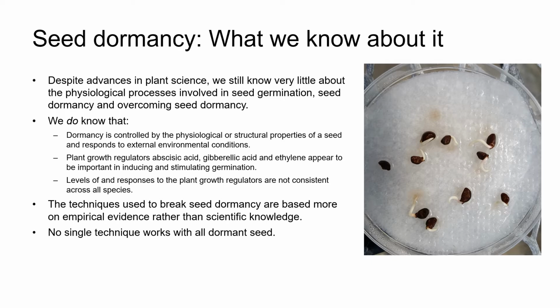The natural plant growth regulators, abscisic acid and gibberellic acid, appear to be important in inducing and stimulating germination, but the amounts of these two biochemicals and plants' responses to them aren't consistent across all species.